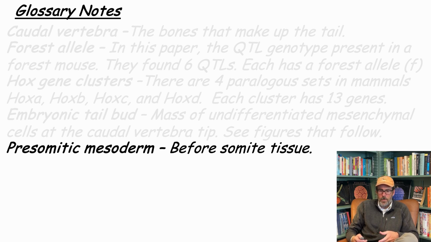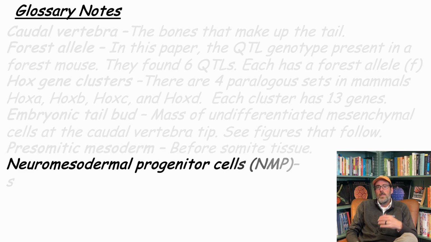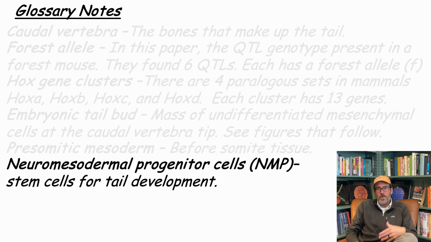And the amount of presomitic tissue turns out to be important, and HOXD13 is playing a role in forming that tissue. The neuromesodermal progenitor cells, or NMPs, are the stem cells for tail development, and they produce the presomitic mesoderm, and they're certainly where HOXD13 is operating.